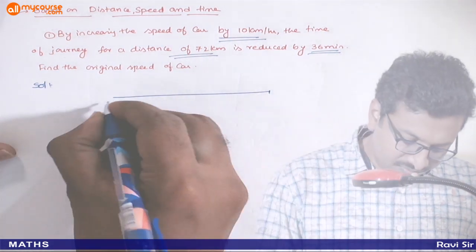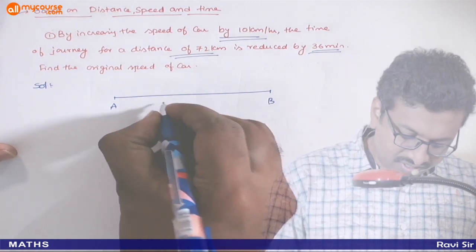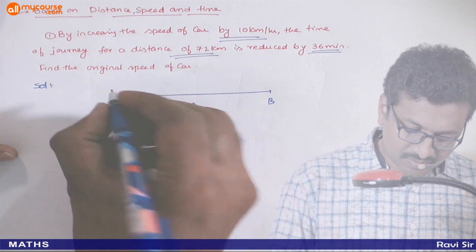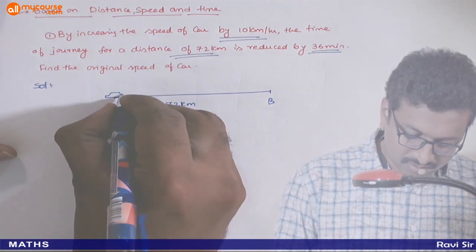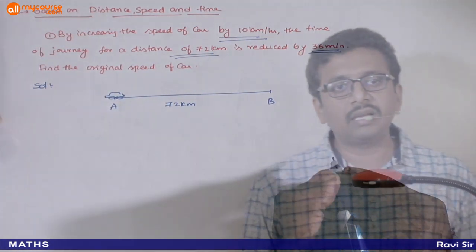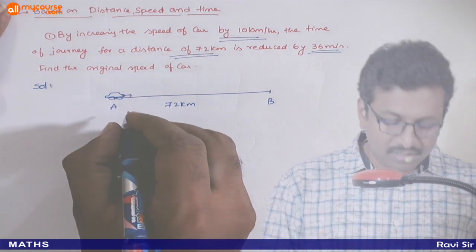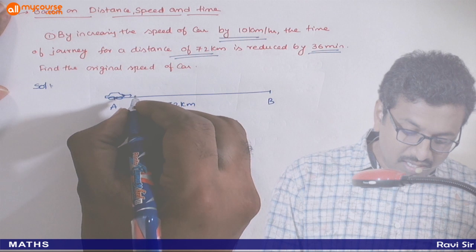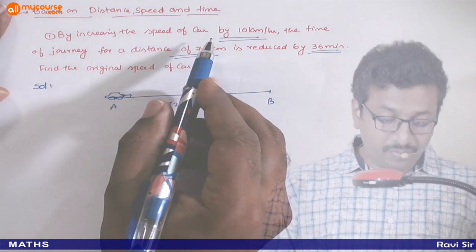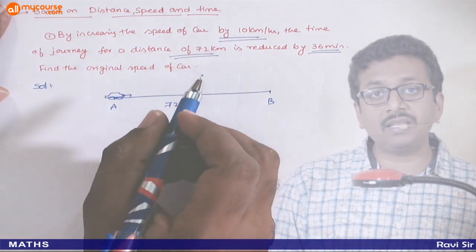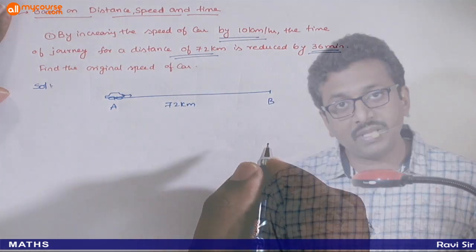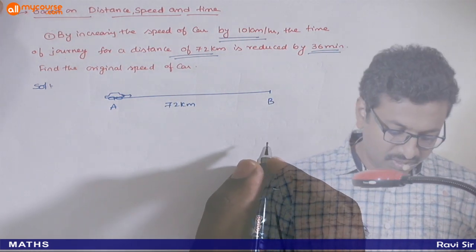So you have a distance of 72 kilometers and you have a car. You're going on a car here. By increasing the speed by 10 kilometers per hour, the time of journey is reduced by 36 minutes.